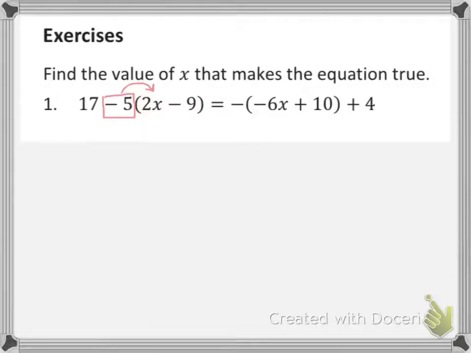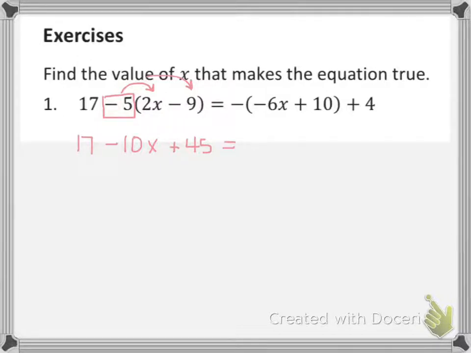So in this case, we would have 17, and then a negative 5 times a positive 2 is a negative 10x. And then we have the next distributive of negative 5 times negative 9, which is a positive 45. That way we can get the proper symbol in front of each integer. Okay, and that's the left side for now.